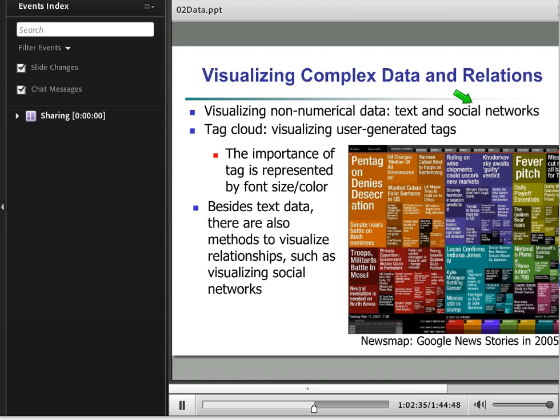Complex data means that your data has different types. For example, some part of your data is text, some part of your data comes from social networks and something like that. And for example, some parts of your data are more important than the rest. So you can use different fonts, font size, or color, or something like that to visualize your data.